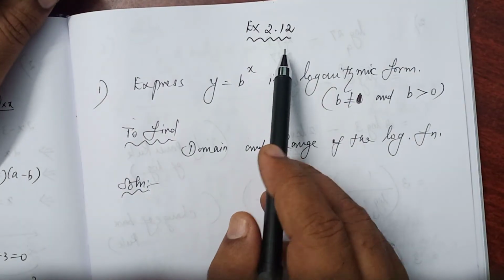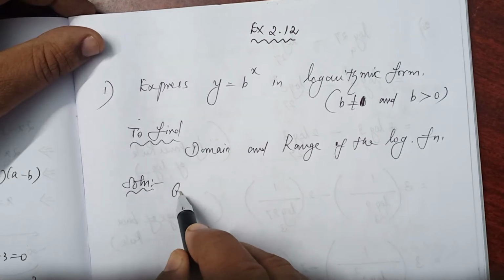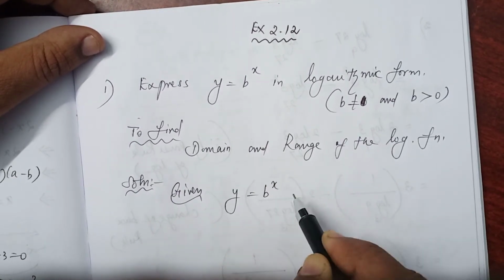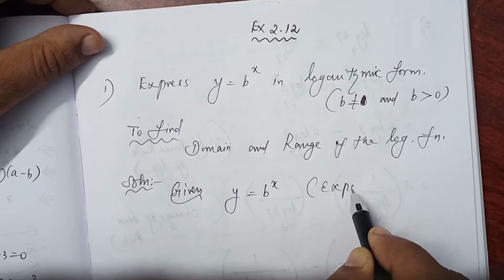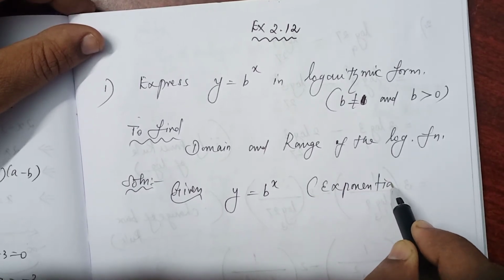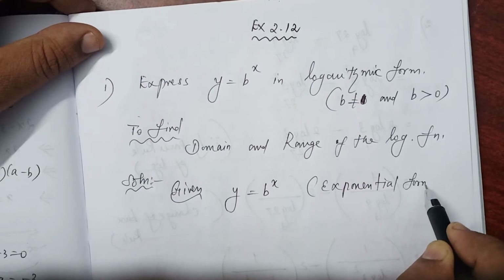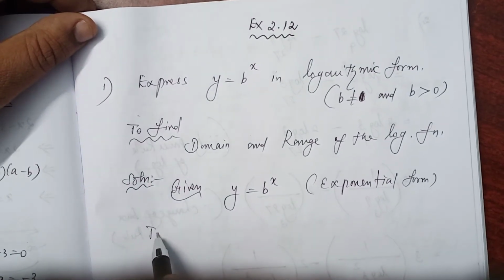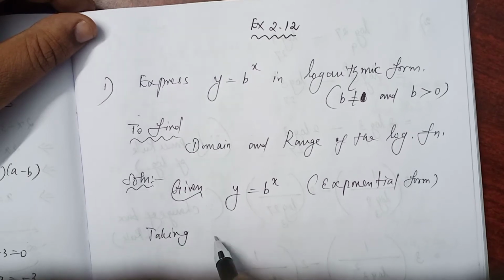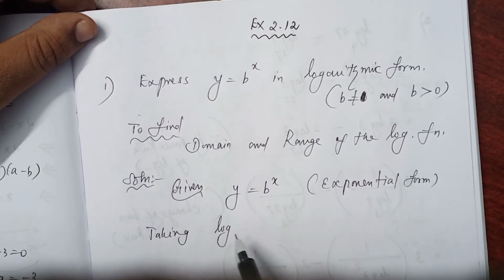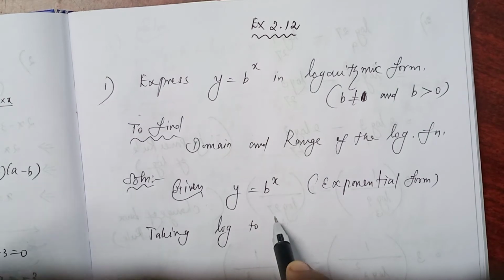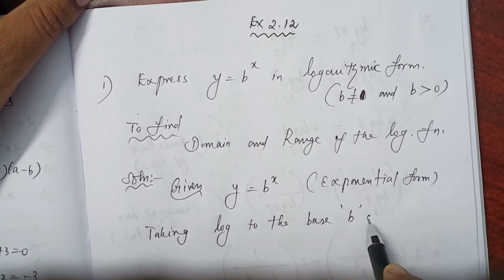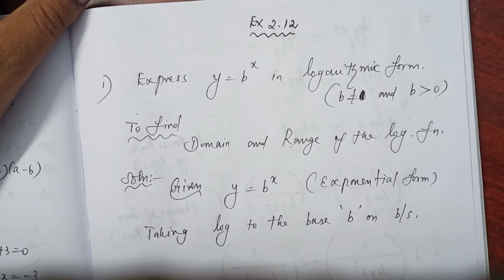Exercise 2.12, problem number 1. Given y that is equal to b power x, exponential form. For getting the logarithmic form, taking log to the base b on both the sides.